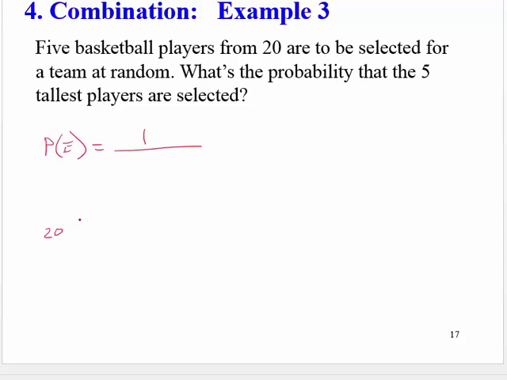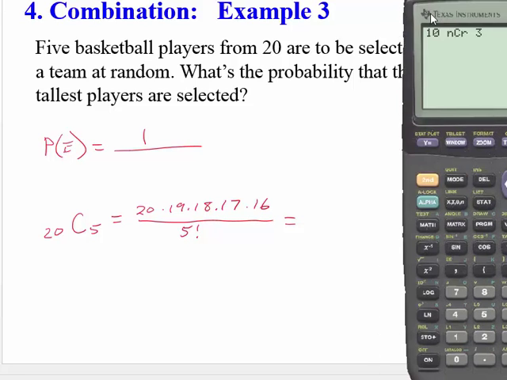Well, there's 20 combination 5. We can look at it as 20 times 19 times 18 times 17 times 16. That's the permutations, divided by 5 factorial, r factorial. 5 factorial is 120. This all comes down to, well, let's take out the calculator.